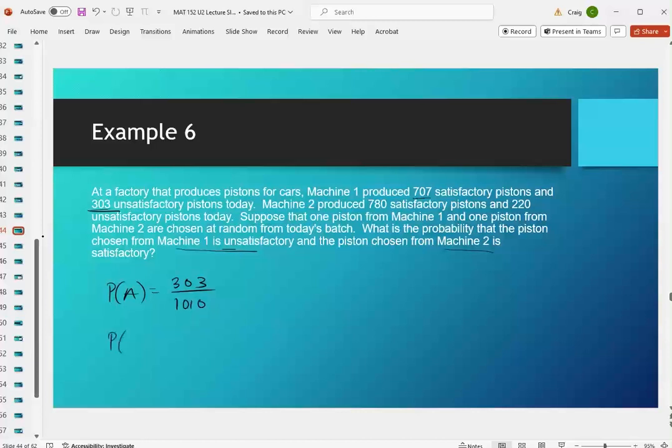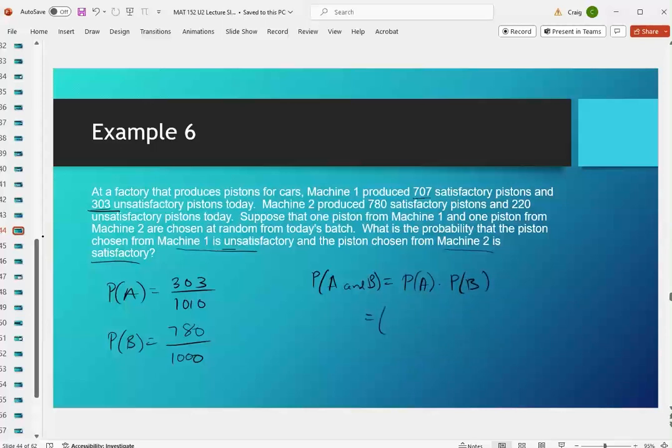The probability of B, the probability that we choose one from machine 2 that is satisfactory, well, there are 780 satisfactory ones out of 780 plus 220, out of 1,000. And so to find the probability of A and B, we just want to multiply these two together.